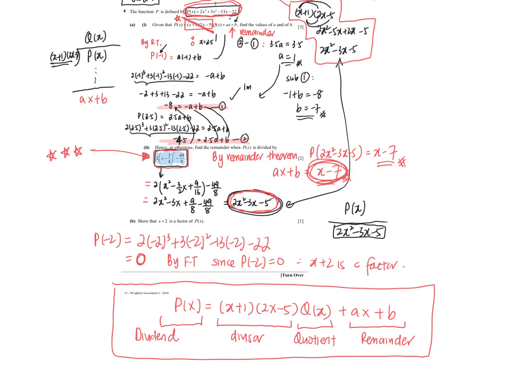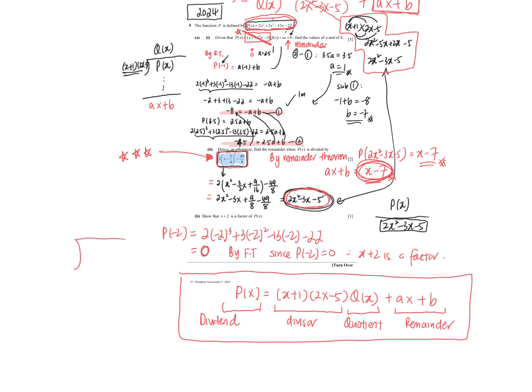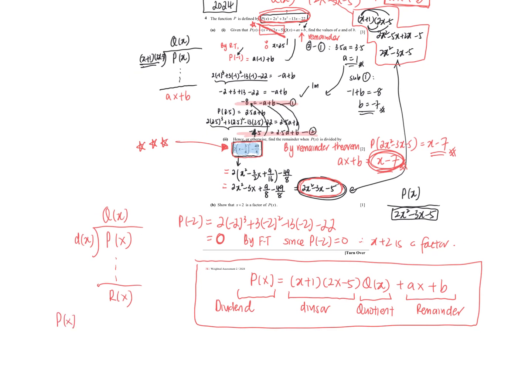Can you agree with this one? This one we did before, right? If you have this, you put in your divisor, you will get your quotient and then finally your remainder. So actually p of x is the same as these two multiplying each other plus remainder function. So it's just written in this way already for you.